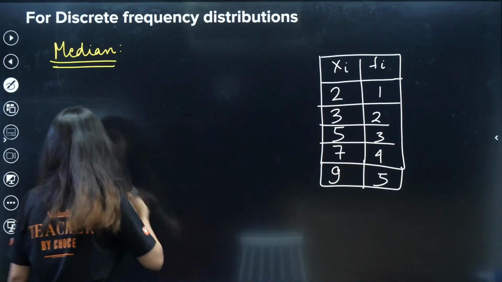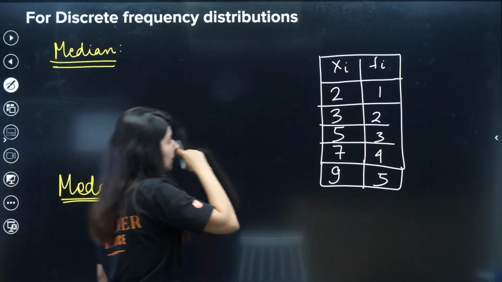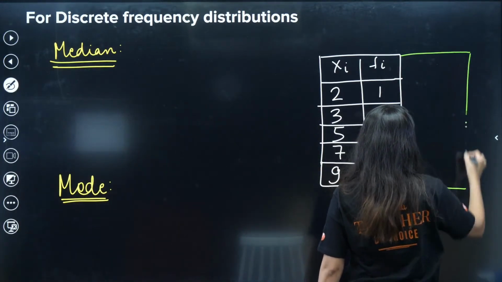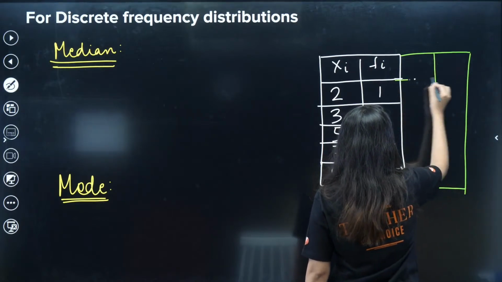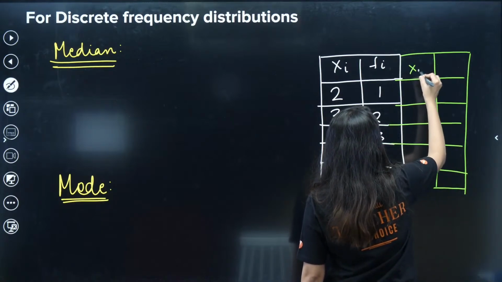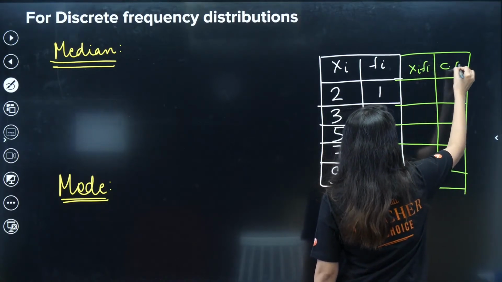In this also you have to calculate xi fi. But along with that, for calculation of median, you have to calculate cumulative frequency. So xi, fi and cumulative frequency.